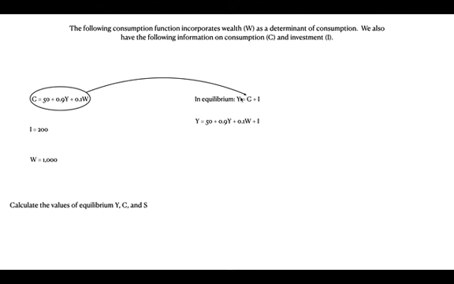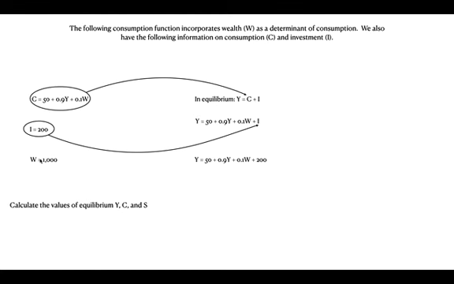We had originally Y is equal to C plus I. Now by plugging in what C is equal to here, 50 plus 0.9Y plus 0.1 wealth, we get Y is equal to 50 plus 0.9Y plus 0.1W plus I. We also know what investment is, so we can plug investment in here. And that gives us Y is equal to 50 plus 0.9Y plus 0.1 wealth plus 200.